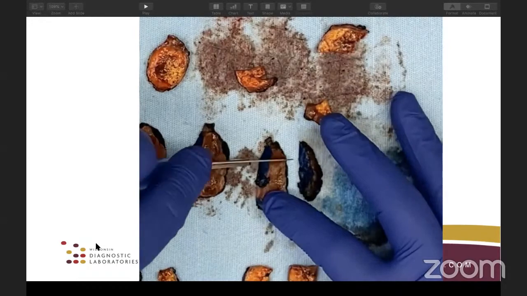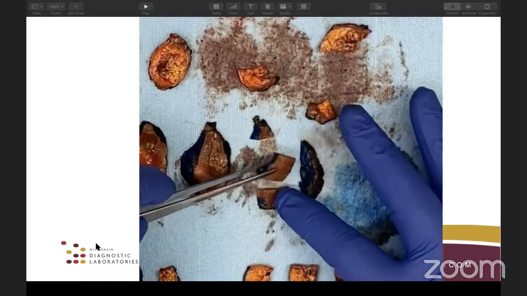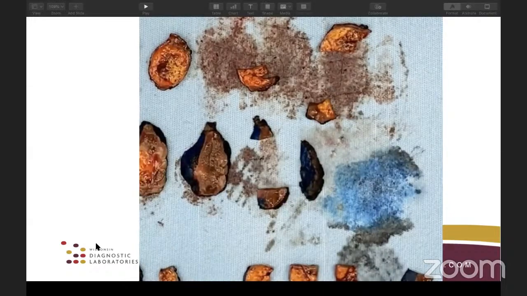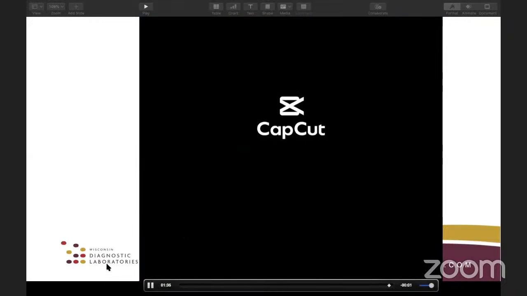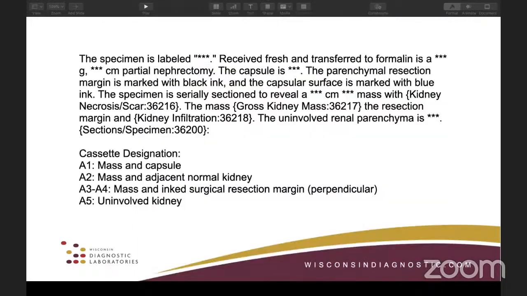Okay, now I've got my sections of the capsule. Now I'm going to take a representative section of normal appearing tissue. Okay, I've got all my sections.